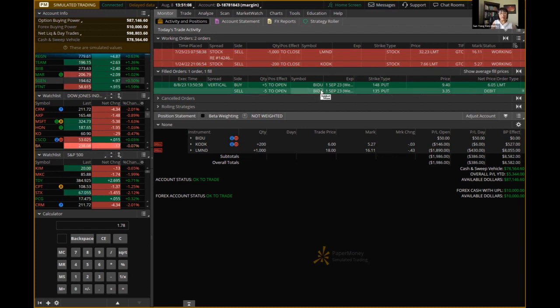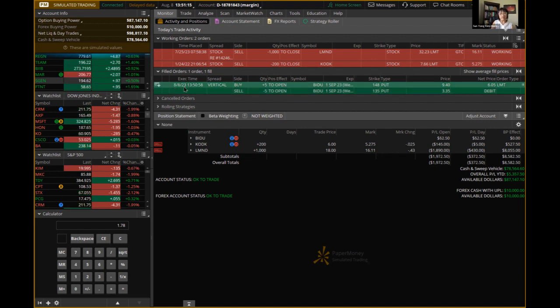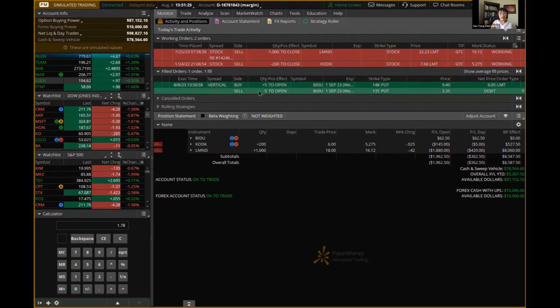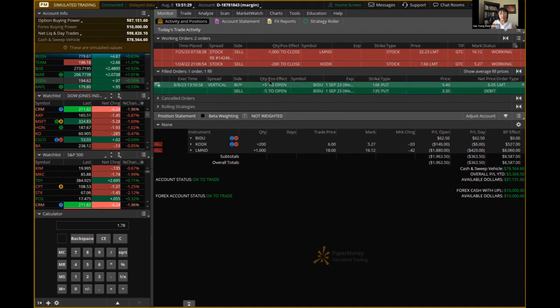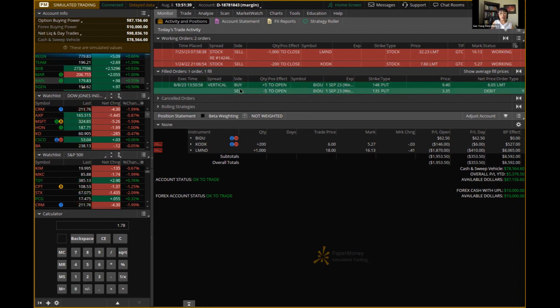So now the next step is I'm going to write this down. So today's date, and then whatever it is: spread, vertical, single put, single call. In this case, I did a vertical, and I chose a 148 put. I bought it, and then I turned around and chose a strike price of 135 put and sold it. So you can see a buy and sell, right?